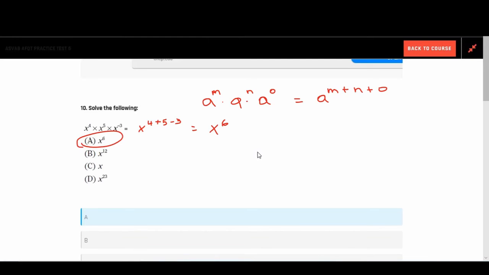Now, if you want to double check your work, which I don't recommend because you're dealing with exponents, you can actually substitute a value in for x and see if this gets you the value when you sub it in. So you can do 2 to the 4th times 2 to the 5th times 2 to the negative 3rd, and you can work that out and see if that gets you 2 to the 6th.